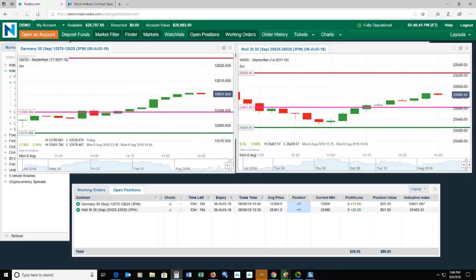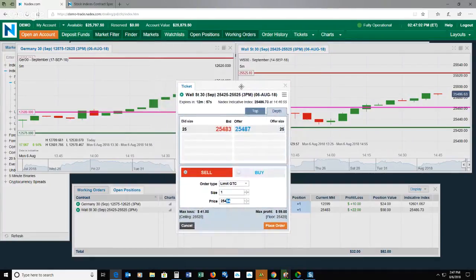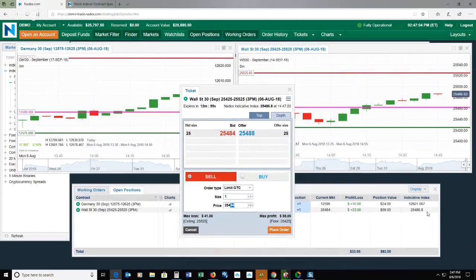And again, for example, on the Dow, if you wanted to take the $24 profit, all you would do is click on the Wall Street 30 and highlight the number that is here or type in a number. For example, let's say that I wanted to exit this when it got to 90.